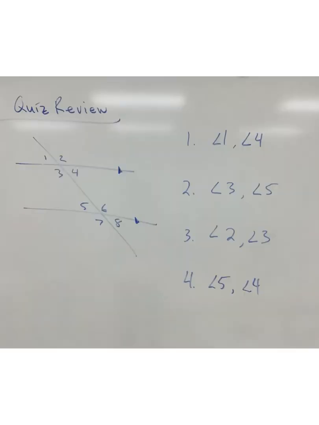So all of those things, what you want to be thinking of. I can memorize, right? All right. Angle 1 and angle 4, what are those to each other? Vertical angles. Angle 3 and angle 5, the alternate interior. No, they are interior.